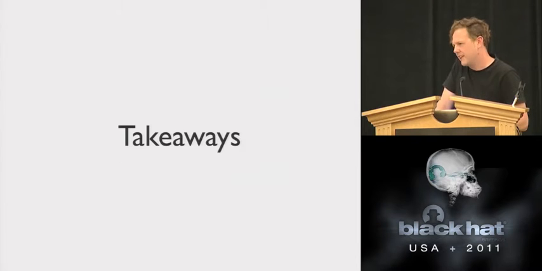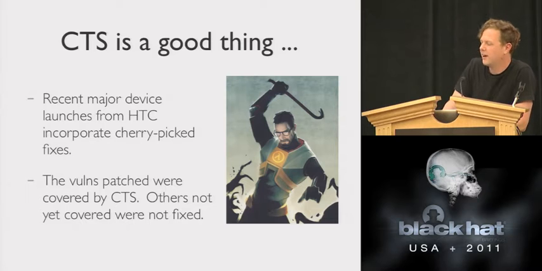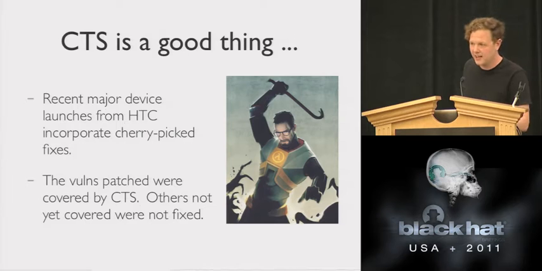So what are some of the things that we've taken away from looking into this? One of the things that we've noticed is that the compatibility test suite is a really good thing. In particular, more recently, it looks like the Android security folks have been committing specific tests to verify that builds have been patched against faults.